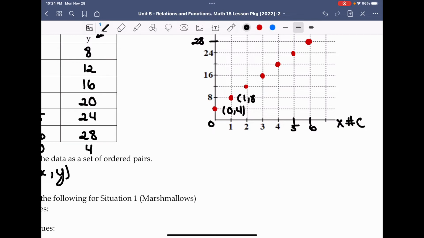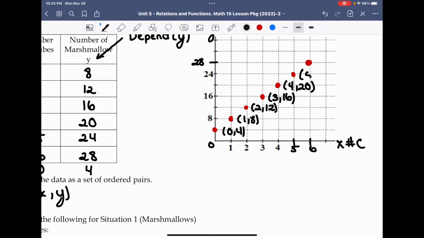We have 1 and 8, we have 2 and 12, we have 3 and 16, 4 and 20, we have up here 5 and 24, and finally we have 6 and 28. Okay, so we put the ordered pairs for each of them as an x and y pairing, representing the coordinate on each of these.